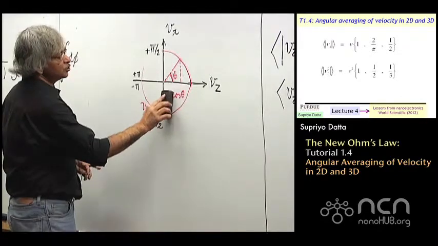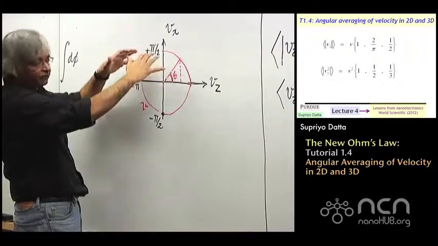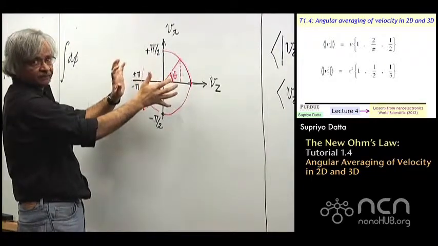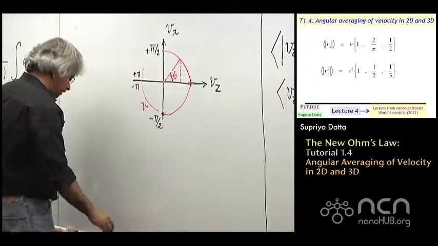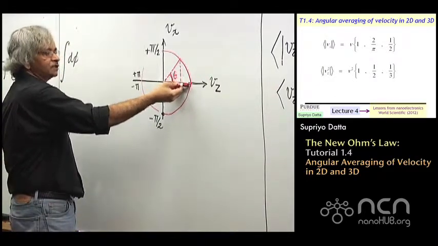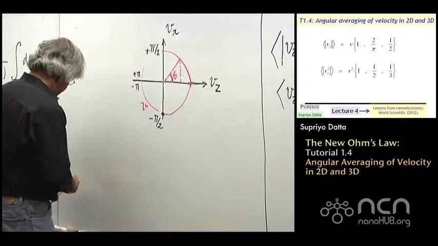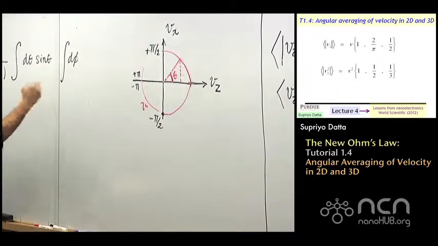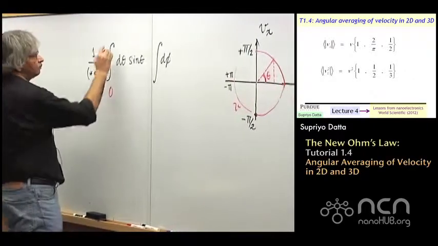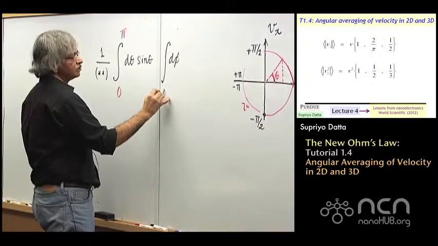Now, usually the way these integrals are done, if I wanted to integrate over the entire surface of the sphere, then I'd have to integrate theta from 0 to pi all the way up to here. So normally what people would do is integrate theta from 0 to pi, and d phi from 0 to 2 pi.